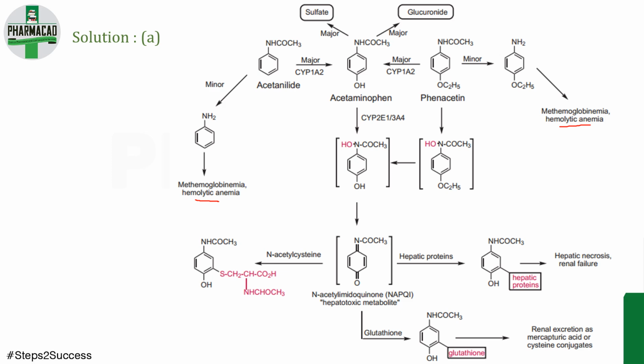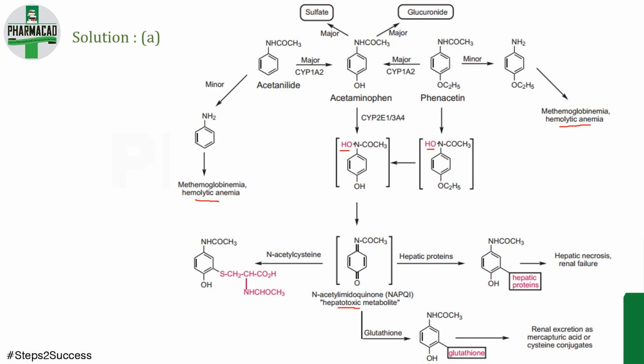However, when this N group is hydroxylated, if you see here, because of acetaminophen and phenacetin, in this pathway, we form a structure that is a hepatotoxic metabolite. It is called NAPQI, that is N-acetyl imidoquinone derivative.